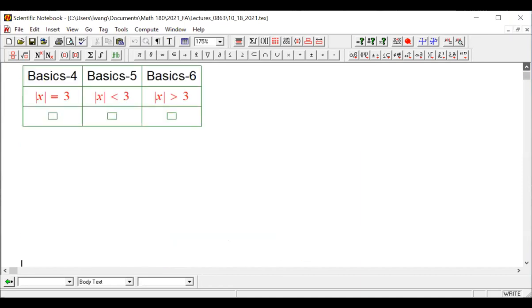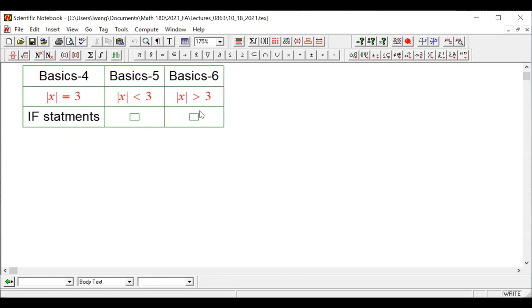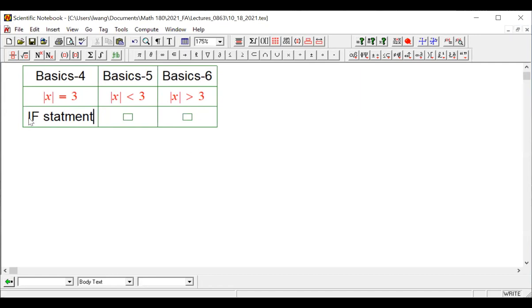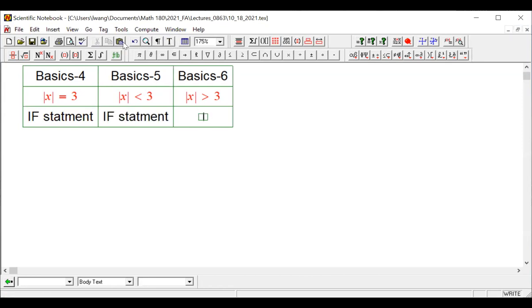We know that all of these are if statements, and knowing this sentence structure helps us get started thinking about it.